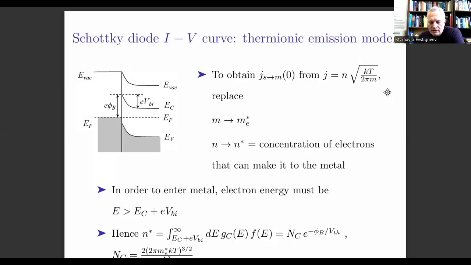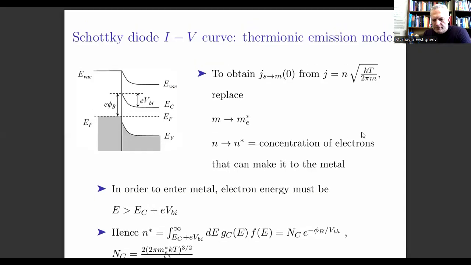Well, we need to make two replacements. We need to replace the molecular mass m in that formula with the electron effective mass. Now the concentration of molecules in a gas needs to be replaced with the concentration of electrons. But what electrons? Only those electrons which are able to make it over this barrier into the metal.